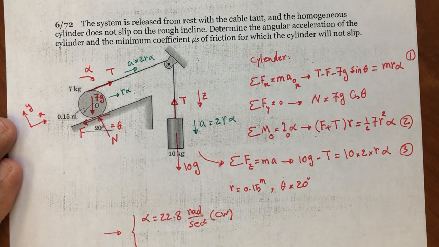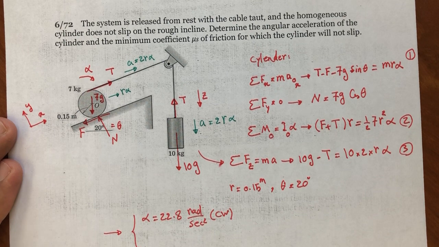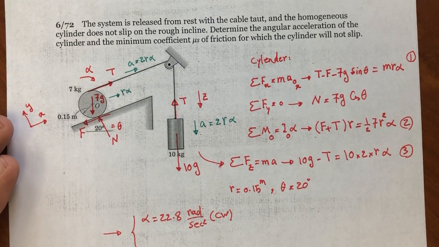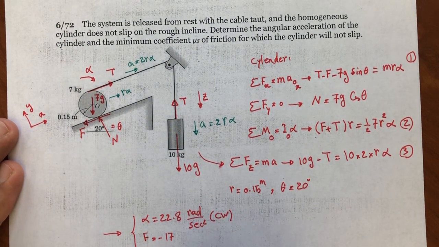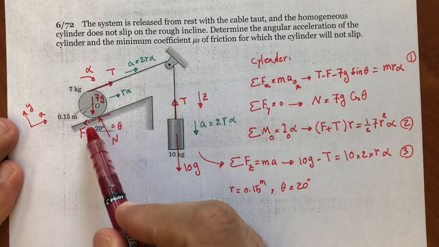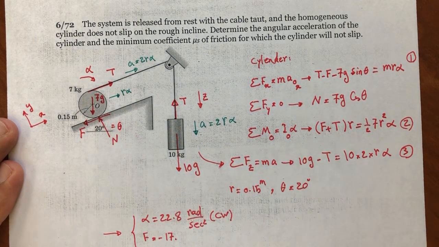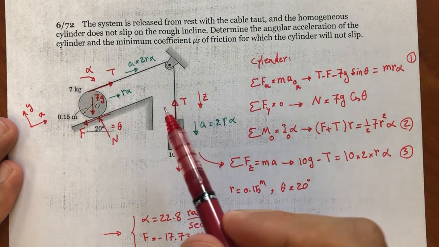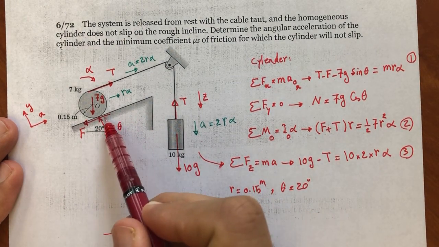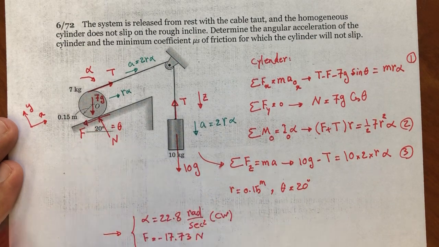Friction force is going to be negative 17.73, which means the actual direction of the friction is upward. So again, nothing is wrong here. The only meaning of this negative number is it is negative in this direction, which means actually it is upward.